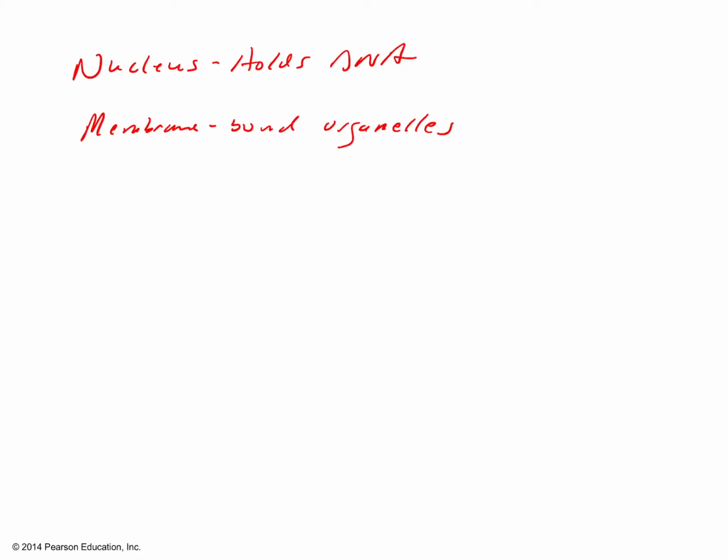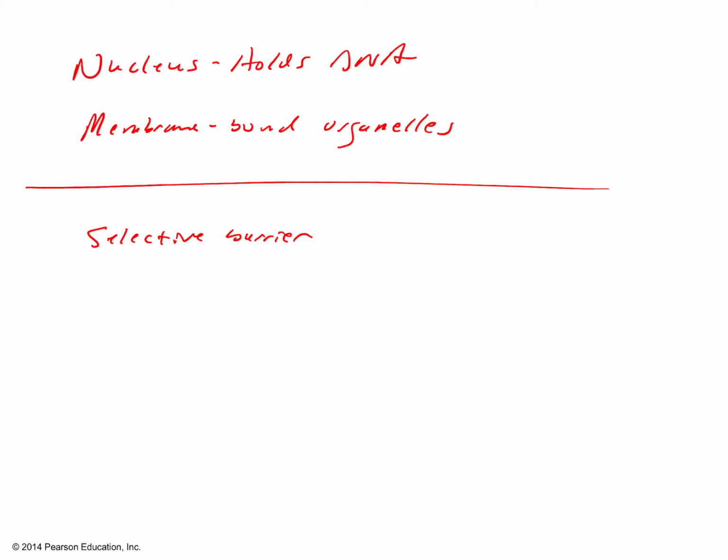Okay, so now let's talk about the plasma membrane a little bit. Now this again is something that's common between prokaryotes and eukaryotes. Think of the plasma membrane, let me just draw a line here. The plasma membrane is a selective barrier. What this means is that it is a barrier between the external environment and the internal environment, but it's selective in the sense that it allows some things to move across fairly easily, but not others.